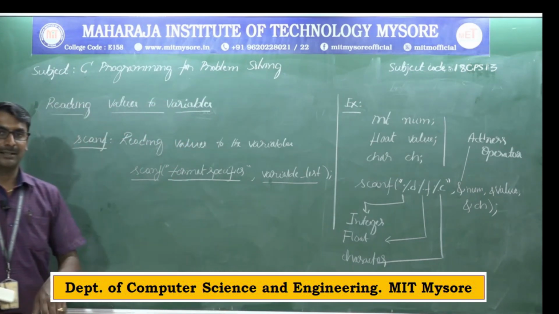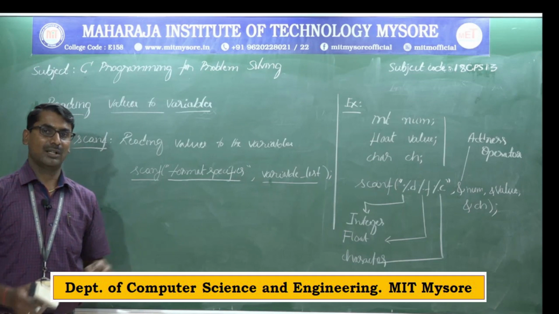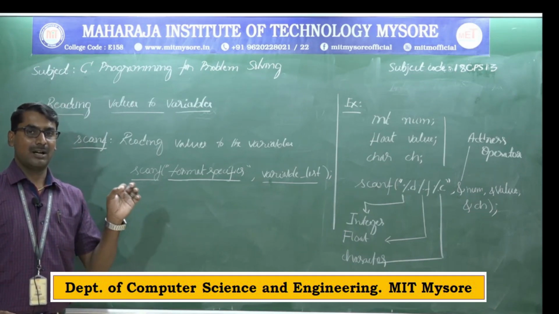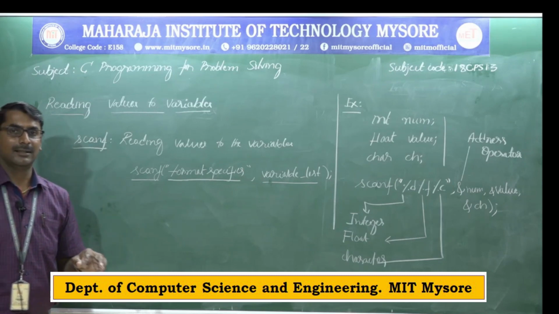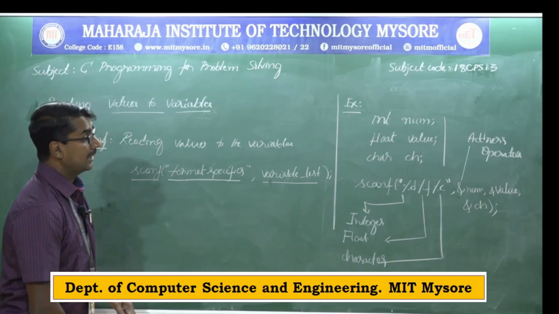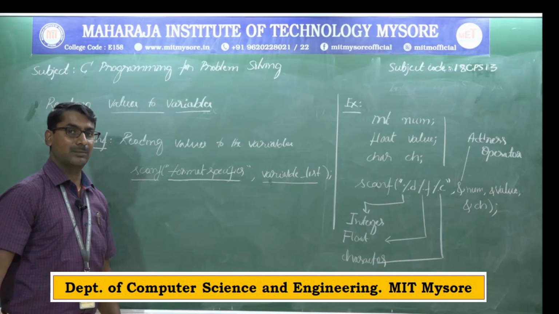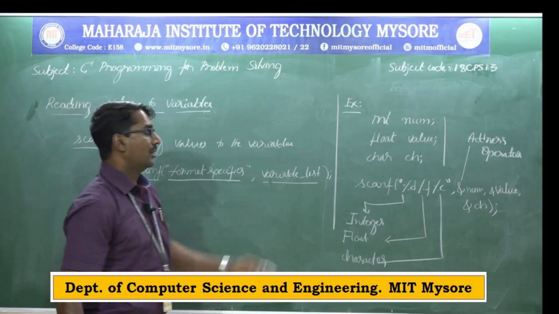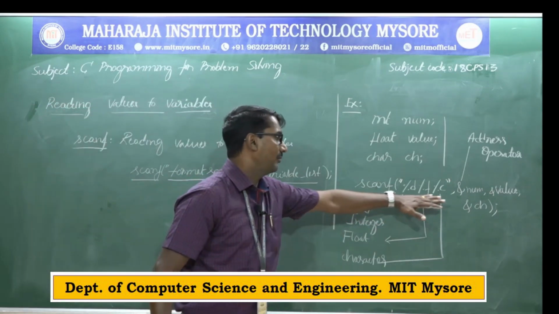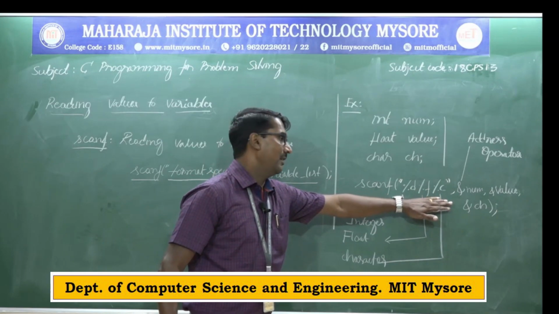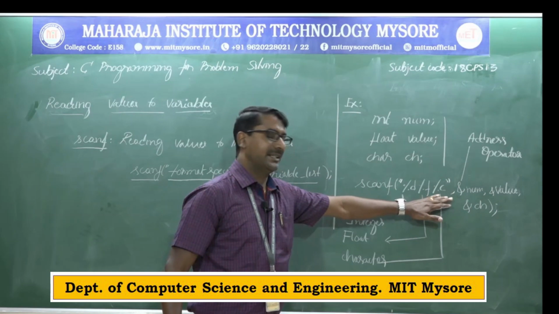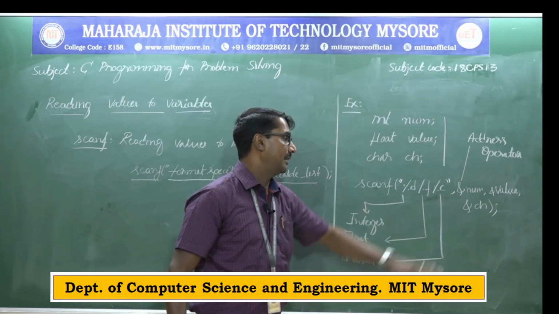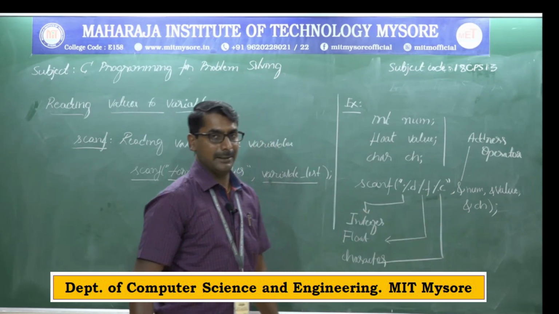One thing you need to understand: when you enter the value through the keyboard, the type of that value is a character array. Then you need to convert that into the corresponding data type. To do that, we use a format specifier. So here %d is for integer, %f is for float, and %c is for character.